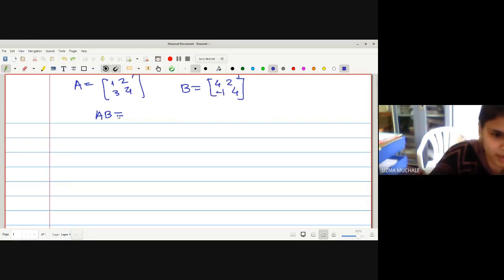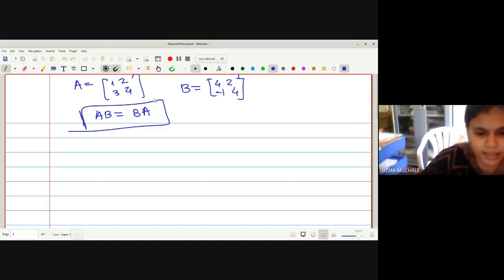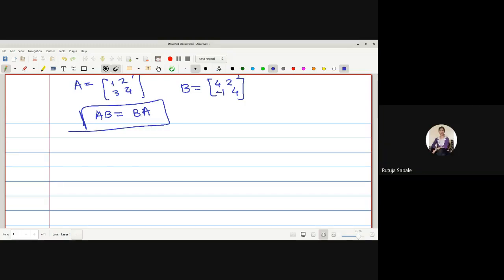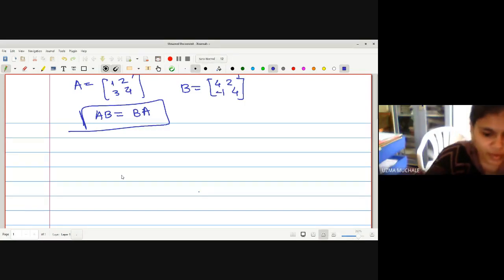Can anyone answer whether it satisfies the commutative property for matrices? No, ma'am. So here also we have to prove the same thing, that finite rotations are not commutative.